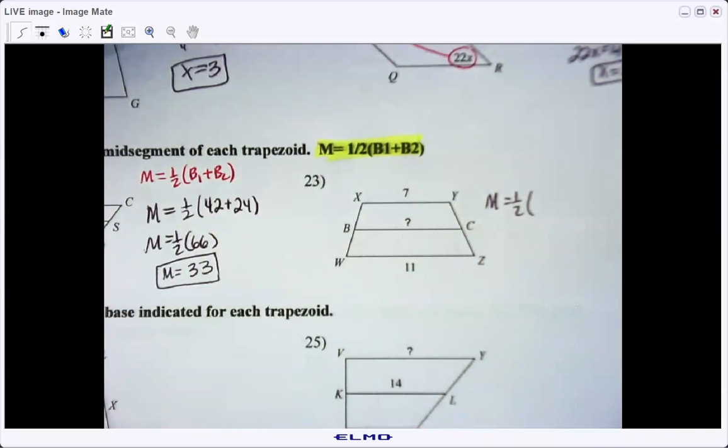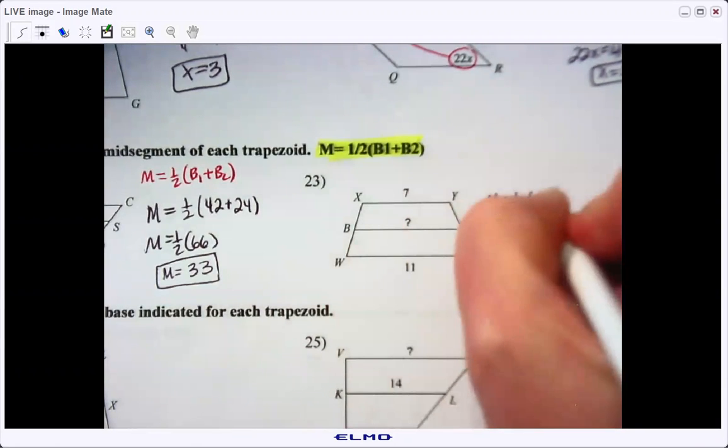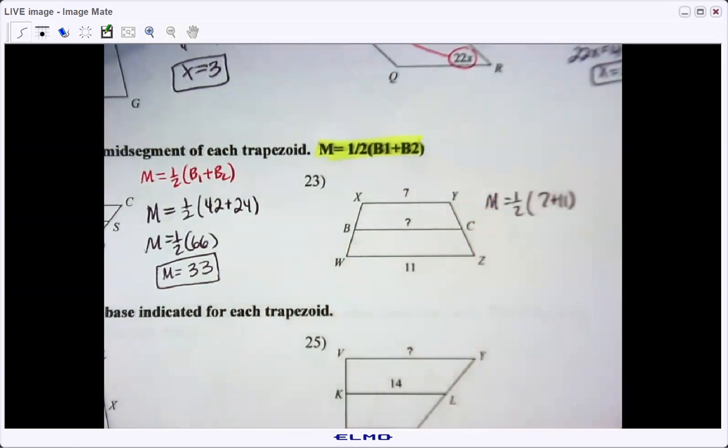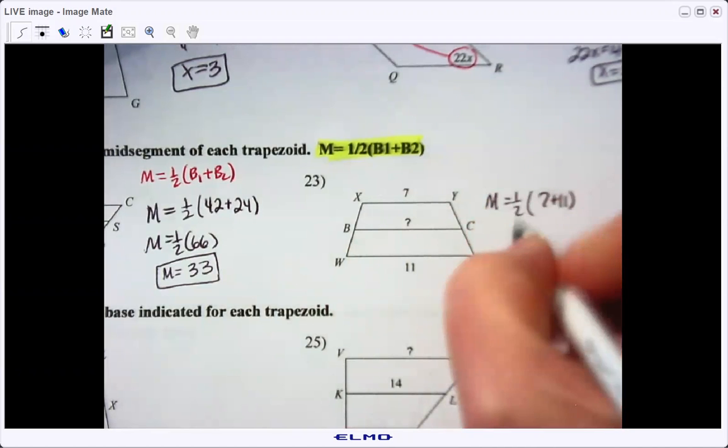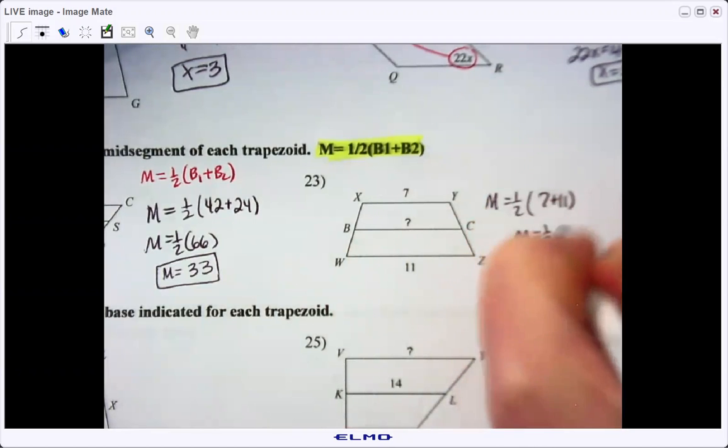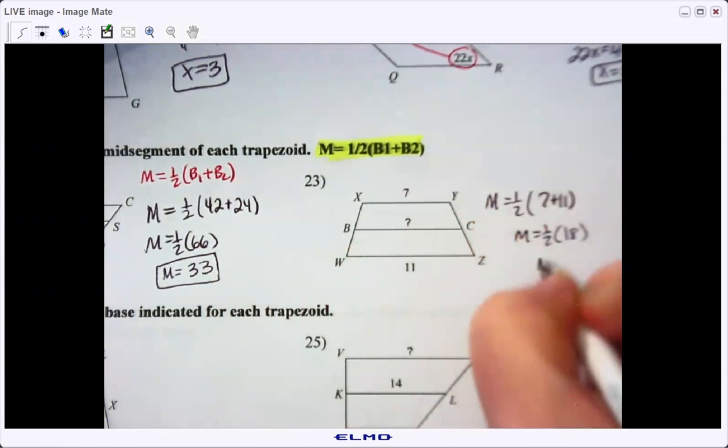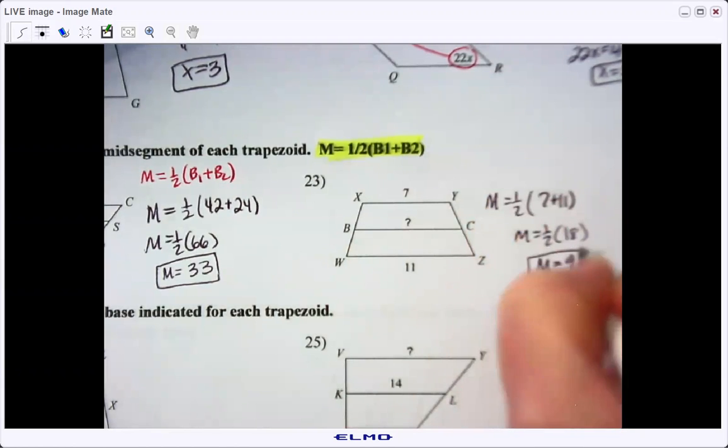Good. We're putting it in the chat box. Okay. So 7 plus 11. So M is equal to 1/2 of 18, which is indeed 9. And you're done.